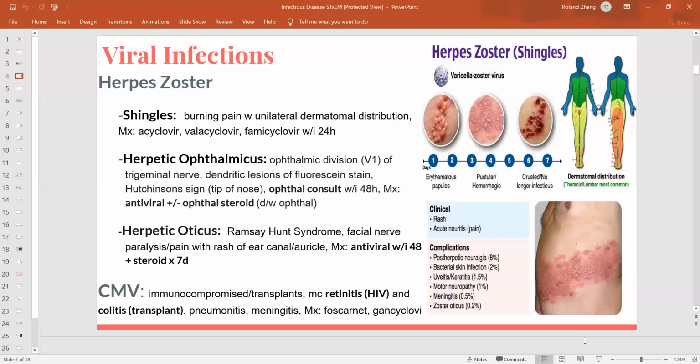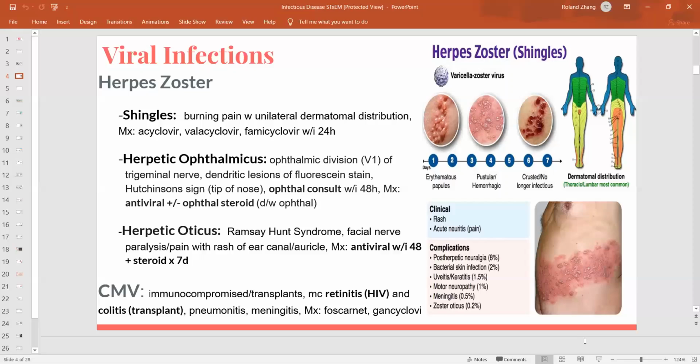If you start the antiviral within 24 hours, you can decrease the severity and also the length of time that they have the rash. But some patients do develop a long-term sensory issue where the rash has been there with time, and some even permanent.